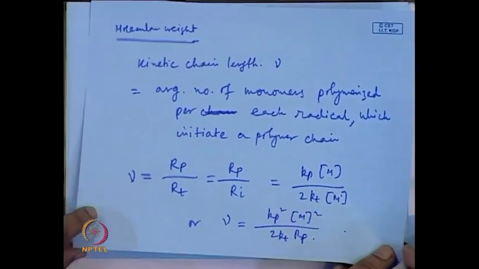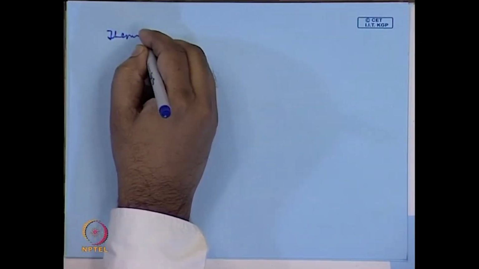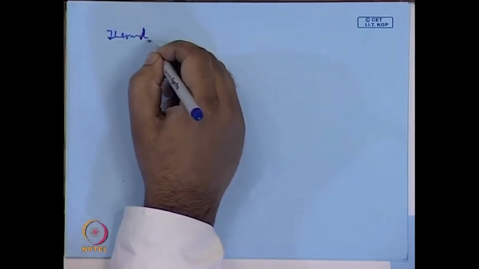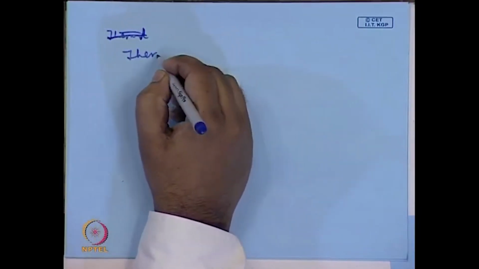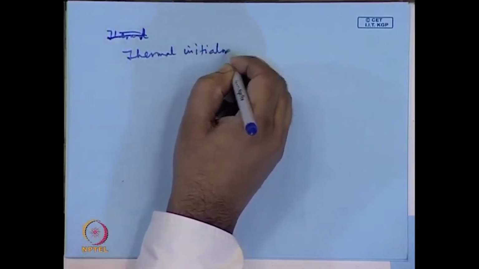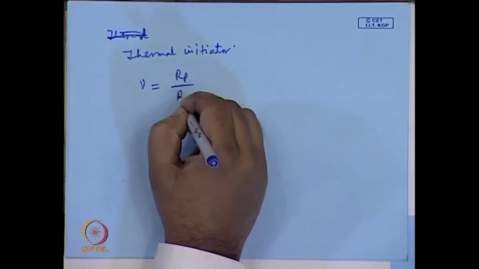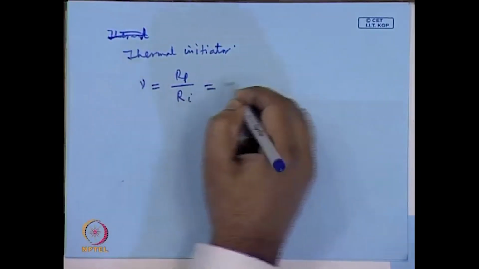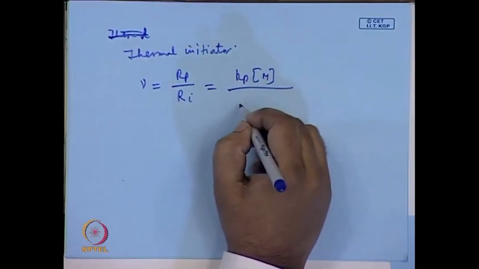And if we consider only the case of a thermal initiator, then nu is again Rp by Ri.